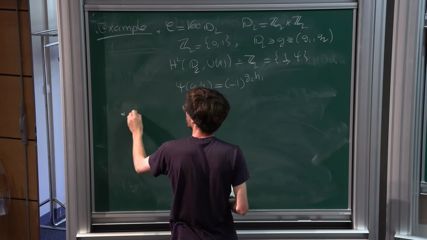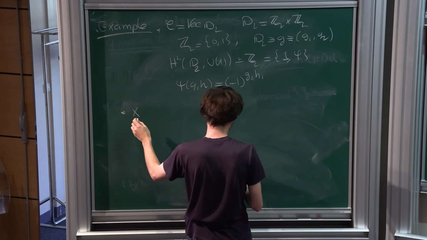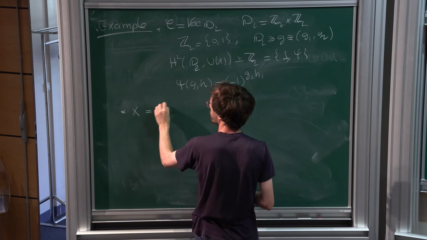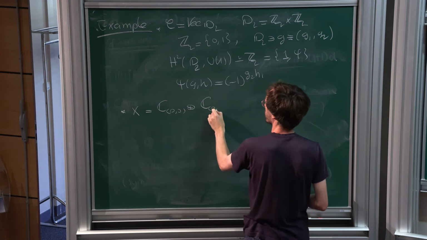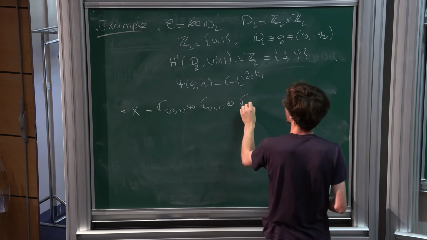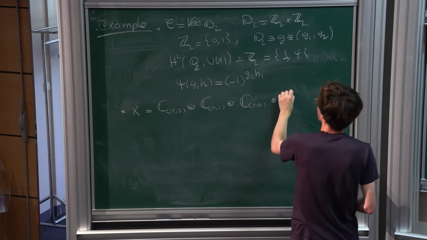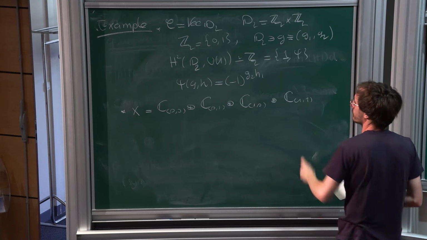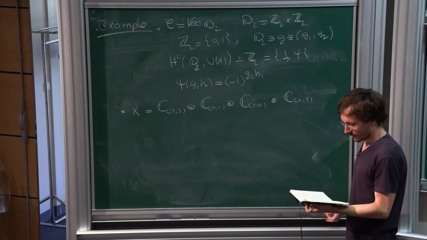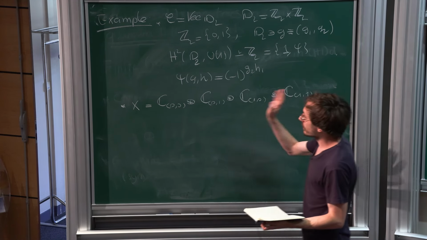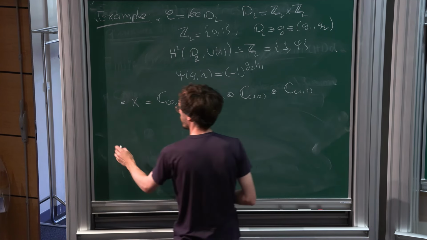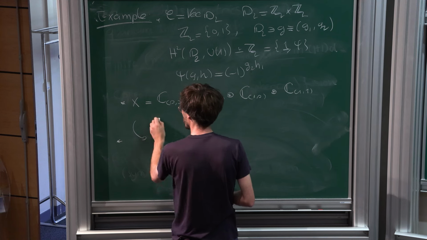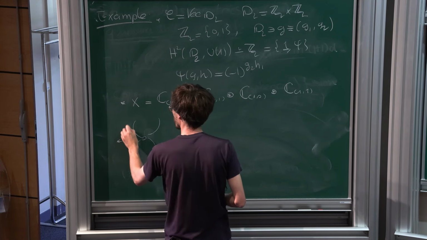Now I need to choose an object. This object is going to be the direct sum of all the possible simple objects. So it's basically the direct sum of the group elements, if you want. And the operator is going to be defined like this in a very explicit way.